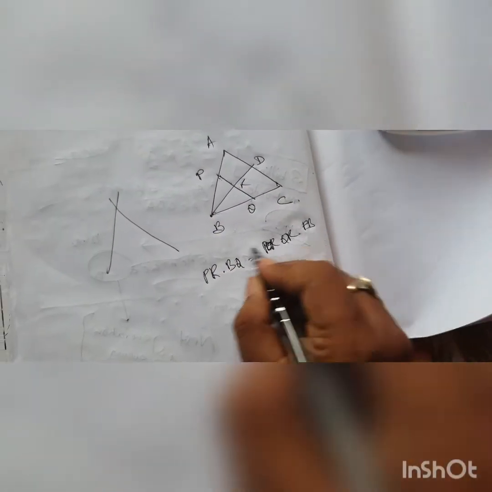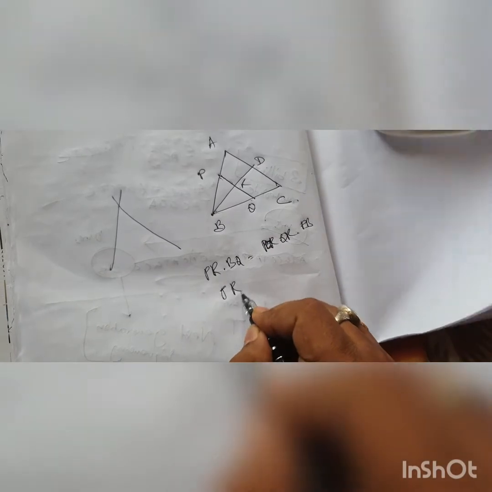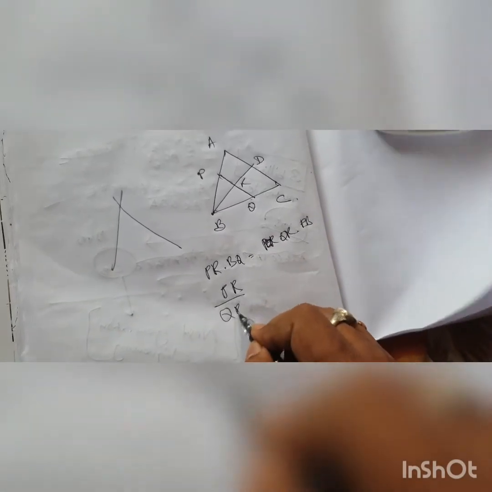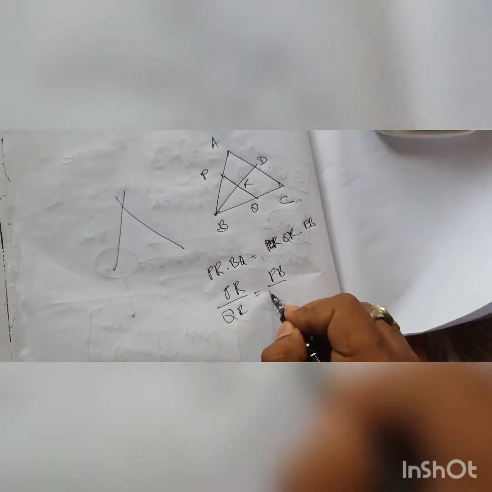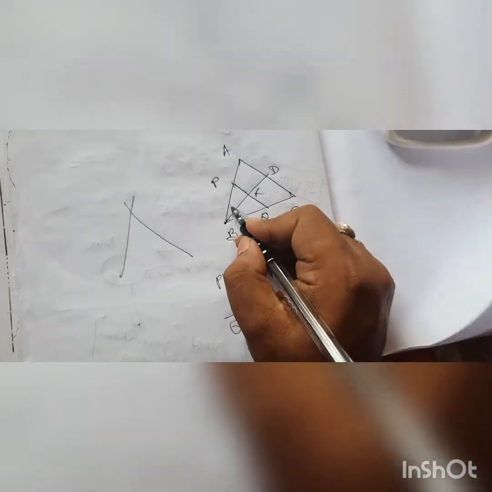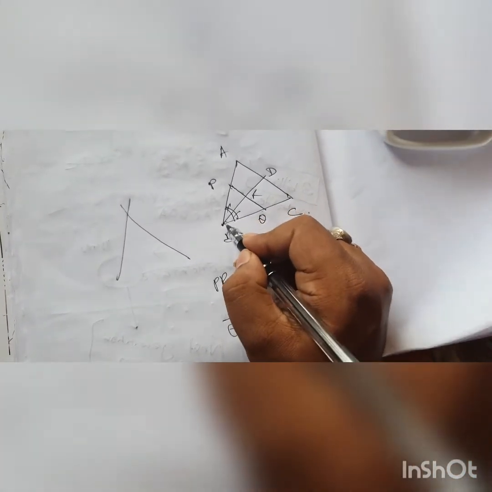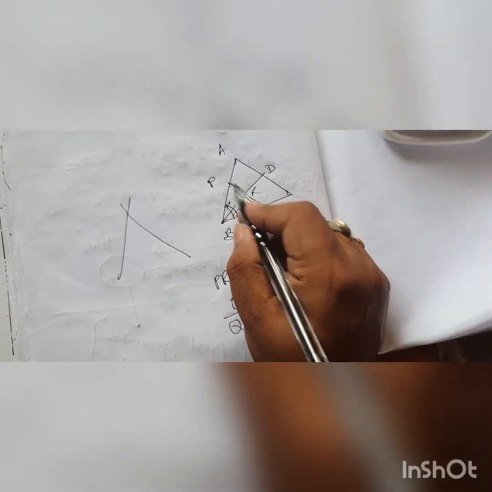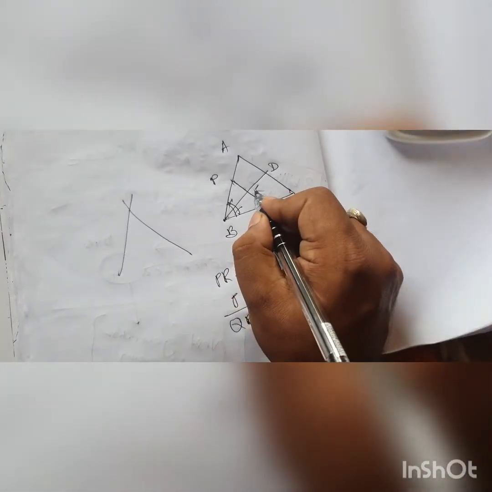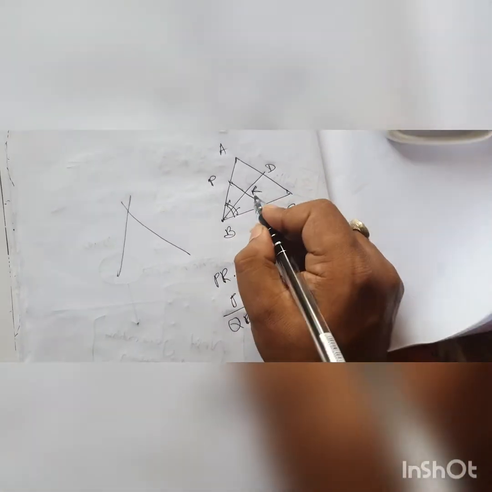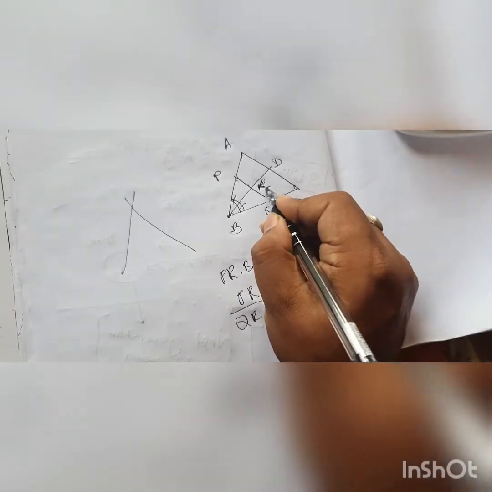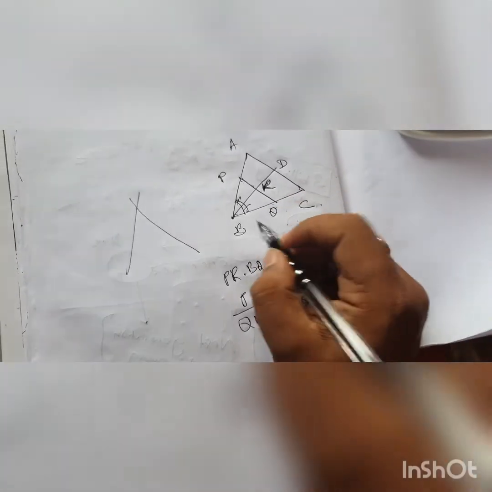So actually PR, bring QR down, PB by BQ. Because this is the angle bisector, PB by BQ is equal to PR by RQ, or QR. That is as simple as that to know. I hope you understand that, because this happens in this small triangle.